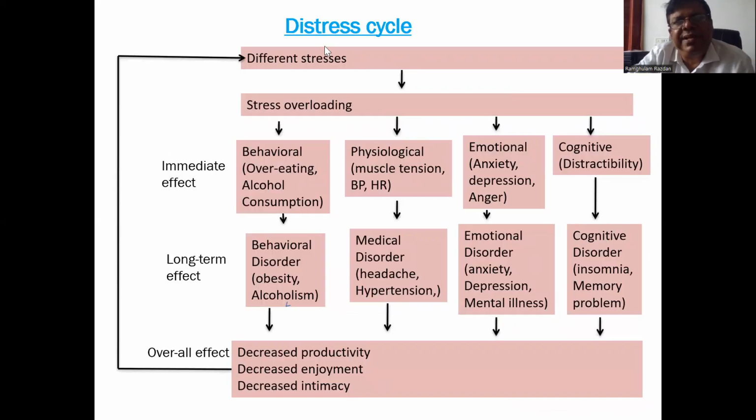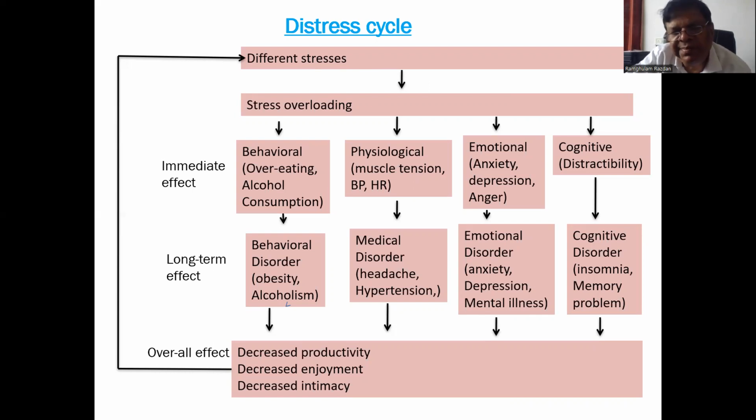This is the distress cycle. First, different types of stresses. It might be any type, and there are a lot of types. It might be loss, financial problems, separation from spouse, and likewise there are so many things.